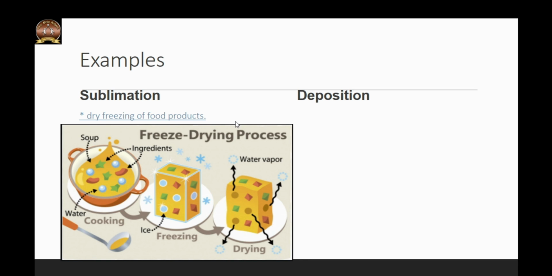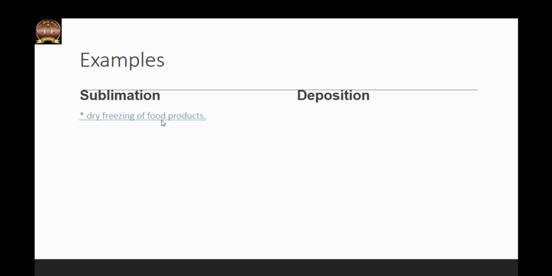You must be familiar with the many hundreds of products which are available in the market, which have instructions that say that you can directly add hot water to them and keep them for 5 minutes and they are ready to eat. Foods such as freeze-dried cup noodles and even vegetables that are frozen when they are in season are quite common in the market. Let's take a closer look at freeze drying of food products.